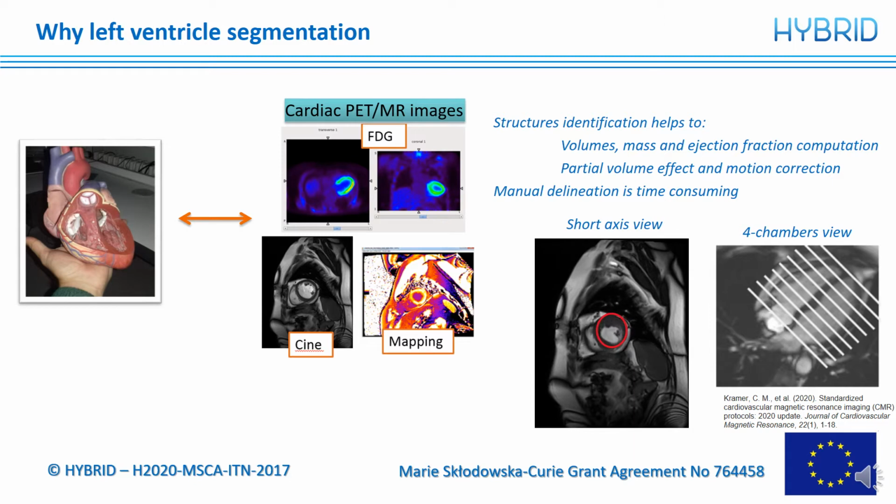This is a task that is carried out by the physician in a manual way. So we can imagine how time-consuming it is. So many approaches have been trying to automatize this task, and deep learning algorithms are part of those.